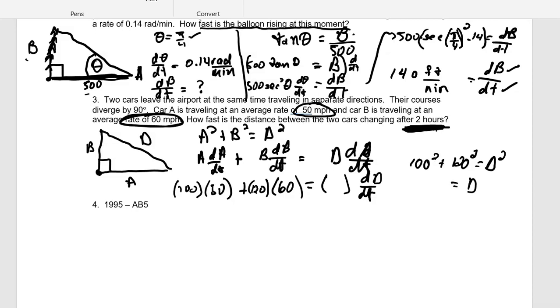This is me being not good with the rounding, but this is the key that I have from many years ago, and it'll get you close enough. This is 156.2. When we now solve this, what we would get is dD over dt is equal to 78.1, and then this would be miles per hour. All right.